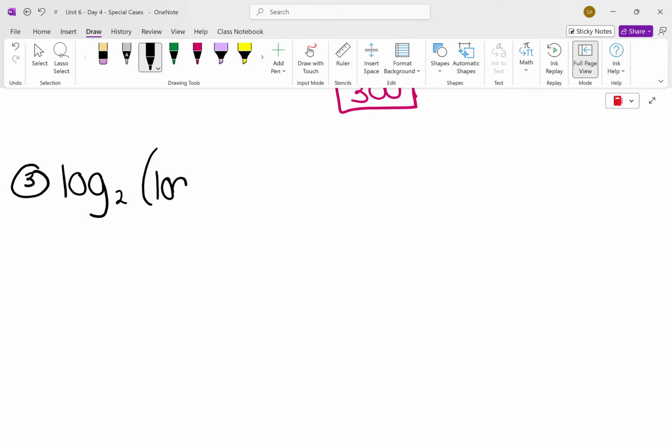So I have log base 2 of log base 3 of 81. Okay, well, didn't we just learn one of the shortcuts is if I have log base b of b to the t, it simplifies down to t?